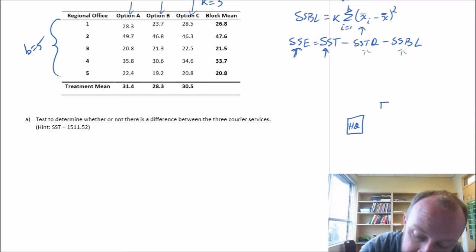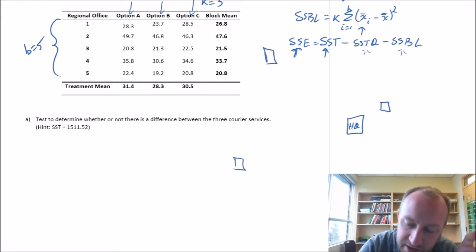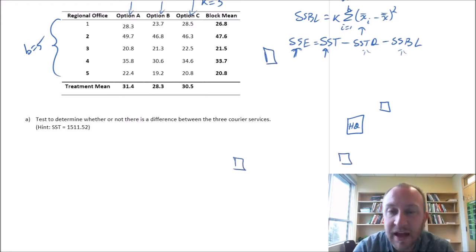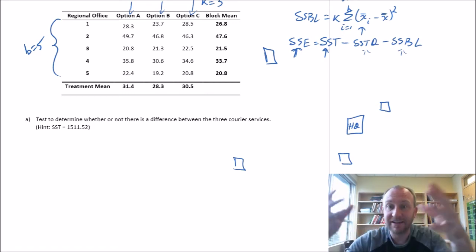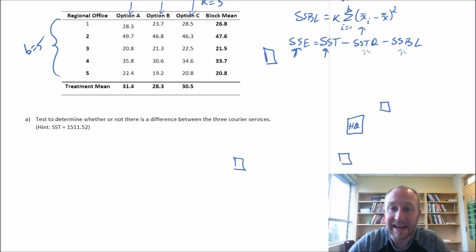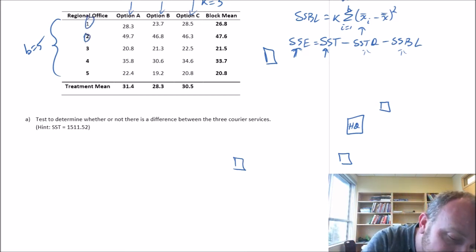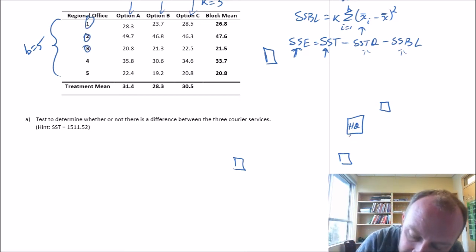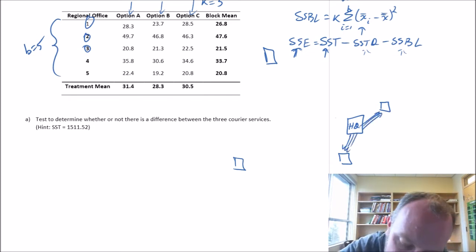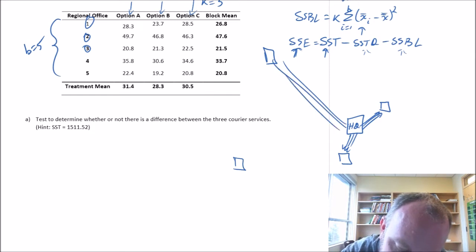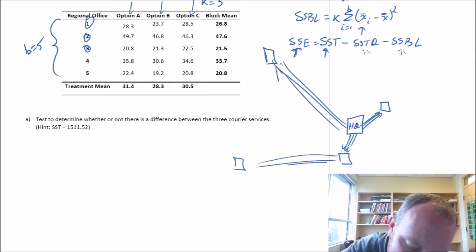I might have one regional office here, another one is up here, another one maybe is way down here, another one is right here. And so we've got various distances, we've got these innate differences, this heterogeneity between my regional offices. So I send 3 packages to this one. I send 3 packages to this one. I send 3 packages out to this one, and same for this one here.